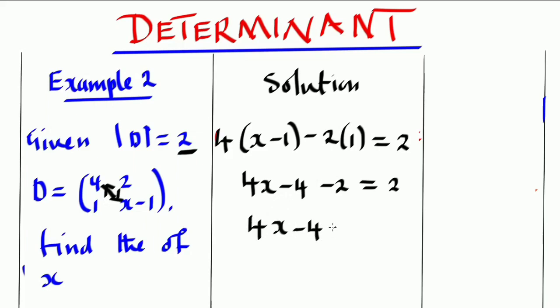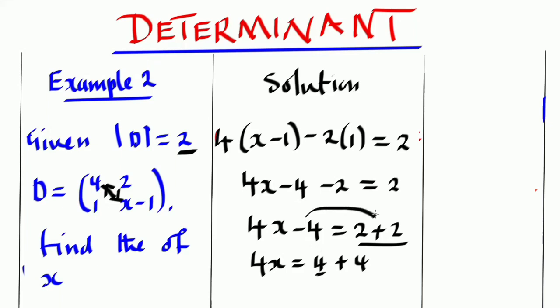When we solve, we are getting something like this. Hopefully you can see what we are getting. This will simply be equal to 4 plus 4. This will give us 4, which we have here, and this 4, when it crosses the equal sign, will become a positive 4.